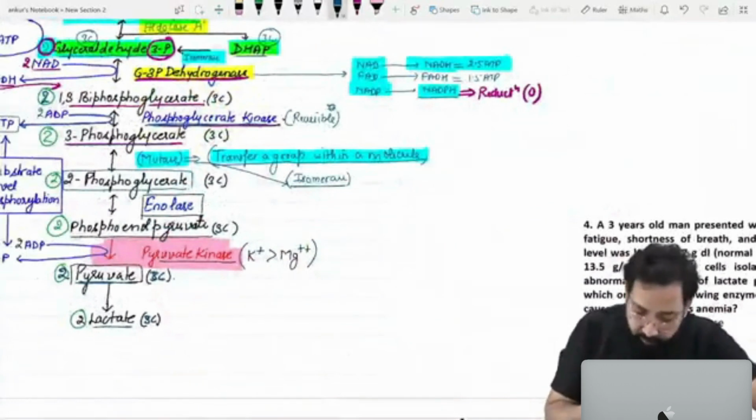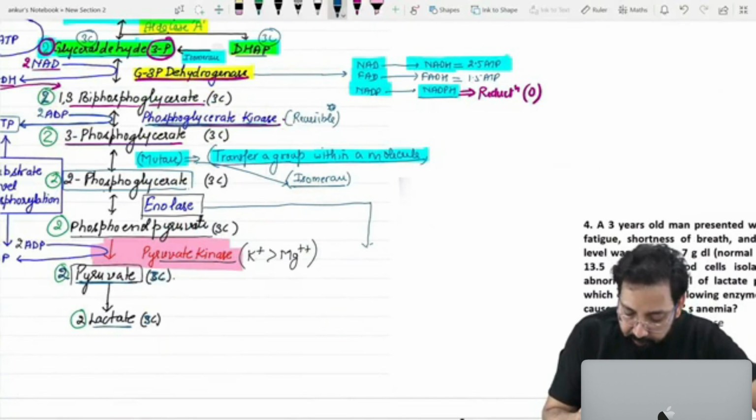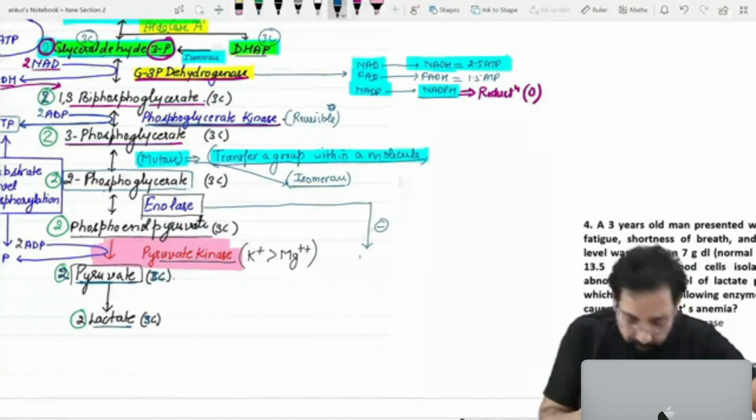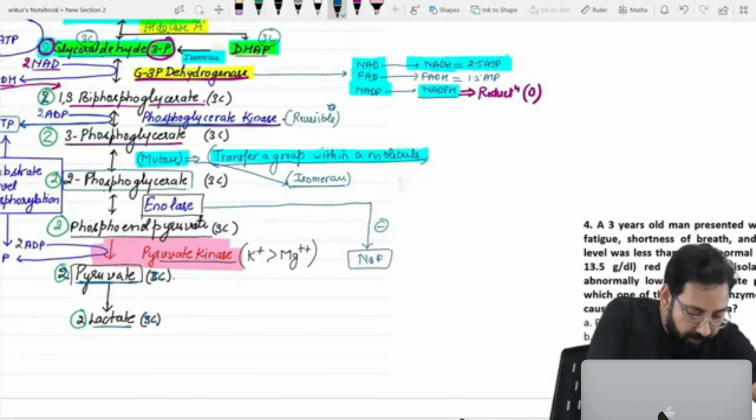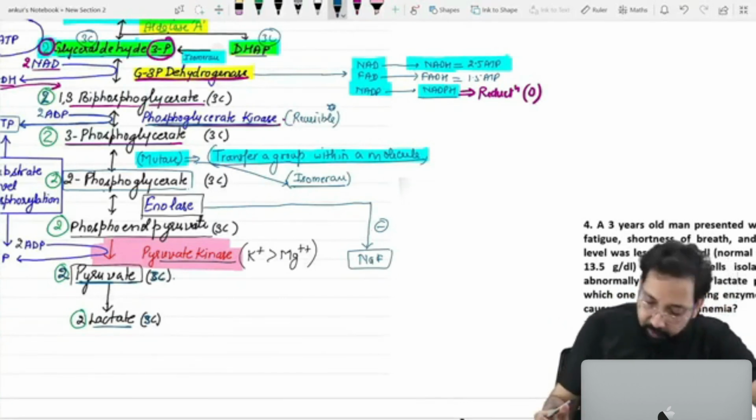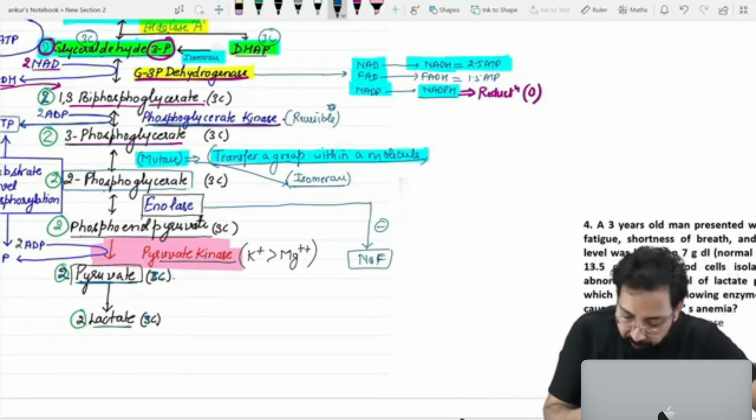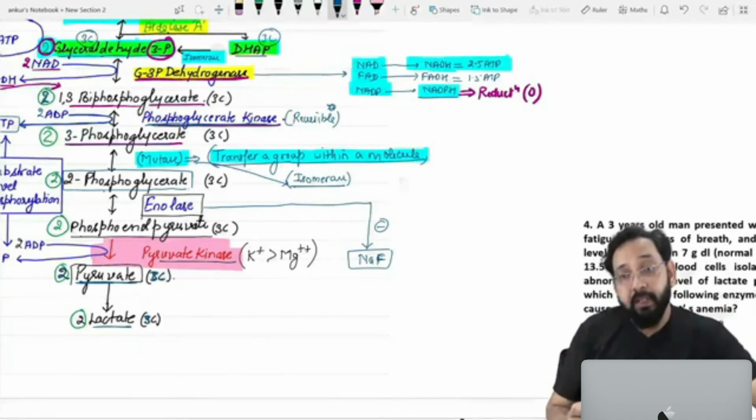Enolase, if you have space here, you will write enolase is inhibited by sodium fluoride. What is the clinical importance?